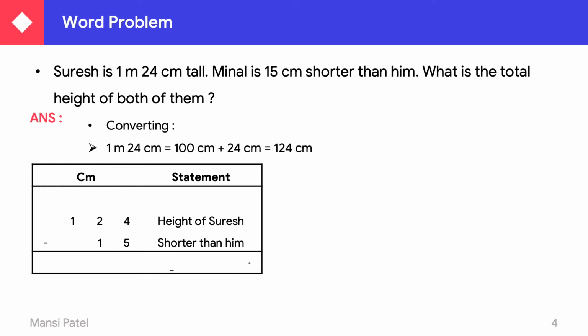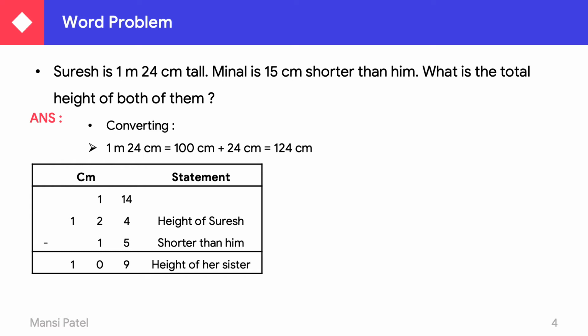Here they were telling that Minal is 15 centimeter shorter than him. So just subtract 15. Now see, 4 minus 5, is it possible? Not possible. So we borrow from 2. So 2 becomes 1 and 4 becomes 14. So 14 minus 5, 9, 1 minus 1, 0 and 1 as it is. So what is the height of Minal? We can say that the height of Minal is 109 centimeter.